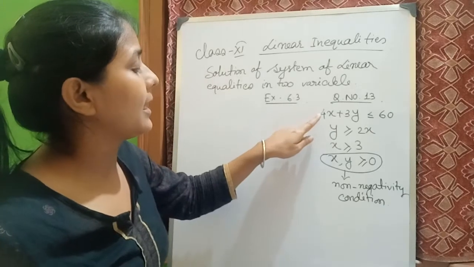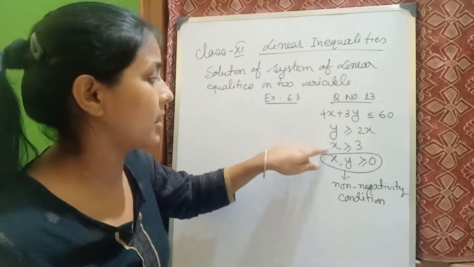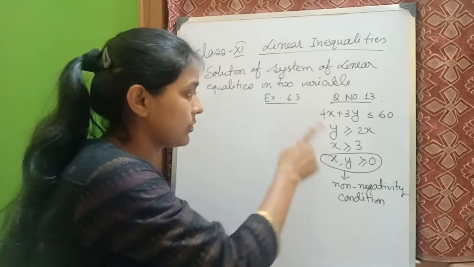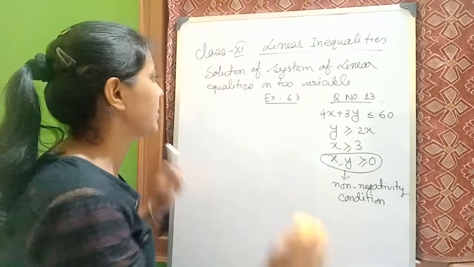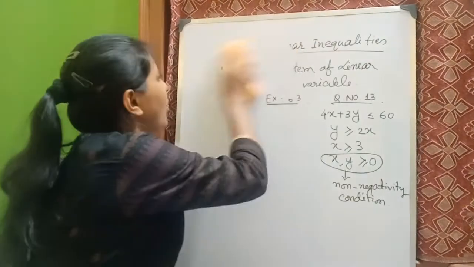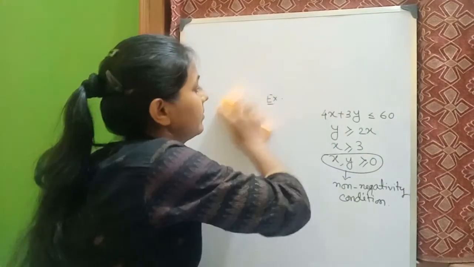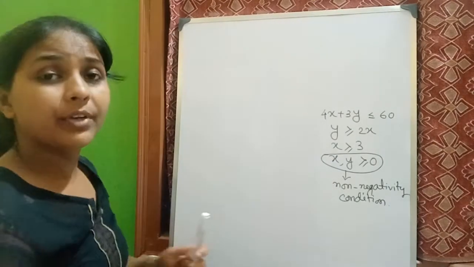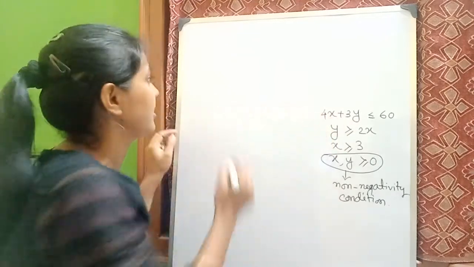Now, there are three main constraints, or three main conditions. We need to combine all three individual linear inequalities in one graphical system. For that, obviously we have to draw the graph, and for drawing the graph, we need to find the points related to the equations hidden in it.